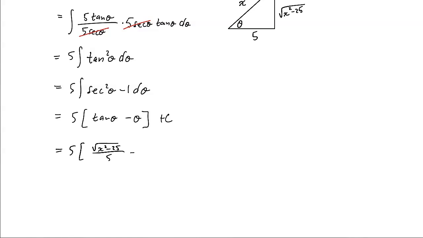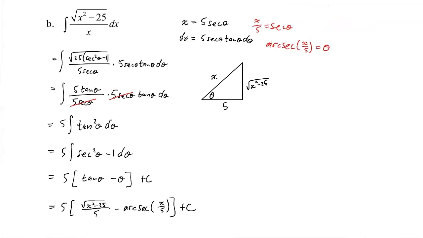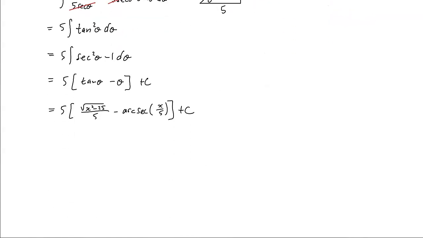So I have minus arcsecant of x over 5 plus c. You can distribute your 5 if you want to, right? So root x squared minus 25 minus 5 arcsecant of x over 5. You're more than welcome to do that, but it's really whatever. You don't have to. Okay, that's all I can think of for this one.